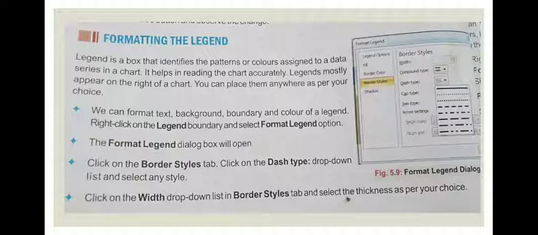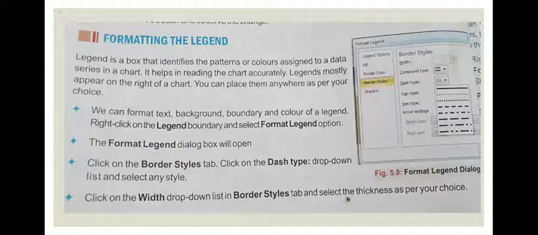It helps in reading the chart accurately. The legend mostly appears on the right of a chart. You can place it anywhere as per your choice. We can format the text, background, boundary and color of a legend.